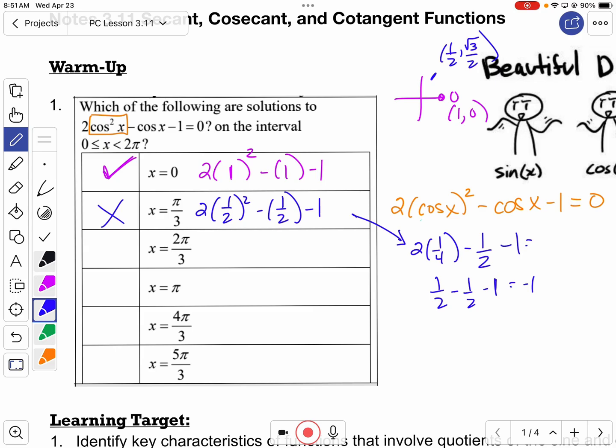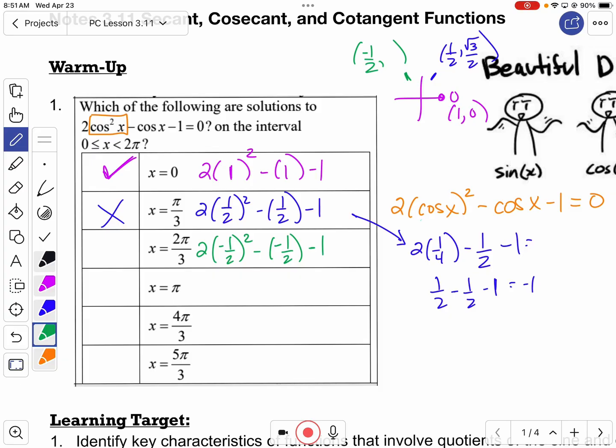All right, so you see what we're doing? We're plugging it in and we're figuring it out, okay? So just doing a little bit of math, all right? Let's talk about 2 pi over 3. That's going to shift me over into this quadrant. What happens to my cosine over here? It's negative, okay? And let's see if that changes anything. Negative 1/2 squared minus negative 1/2 minus 1, right?